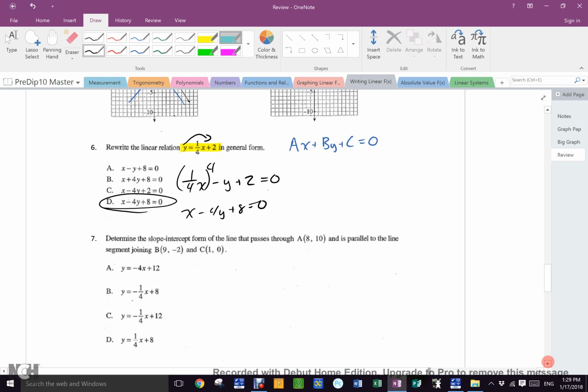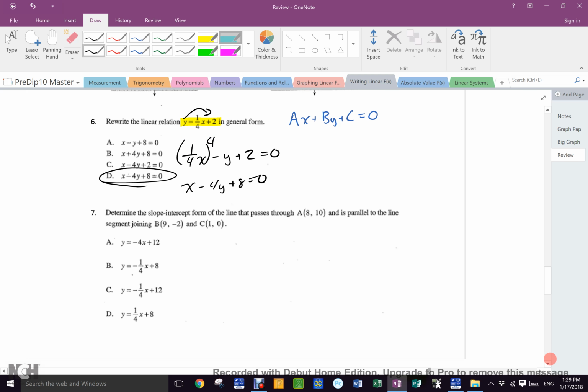Okay. Next one, determine the slope-intercept form of a line that goes through that point. So I have a point, and it's parallel to that line. So I don't have my slope, do I?